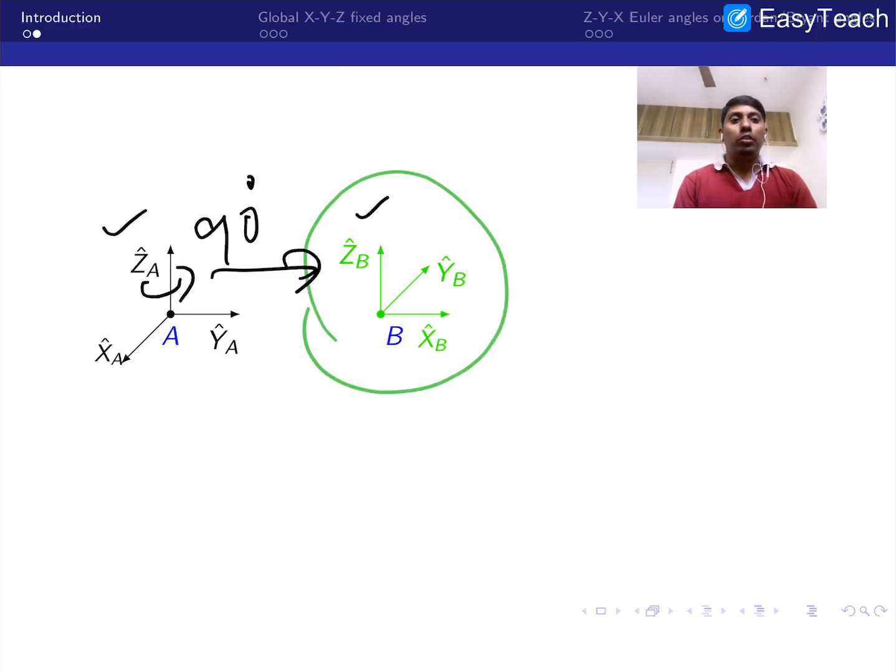Before going to see positive rotation and negative rotation, I want to give another aspect. Throughout this course we will use the right hand rule. The thumb is associated with the x-axis, the index finger with y, and the middle finger with the z-axis. Wherever we fix frames, this is the standard notation we are going to use. Further, for positive rotation, again we use the right hand rule.